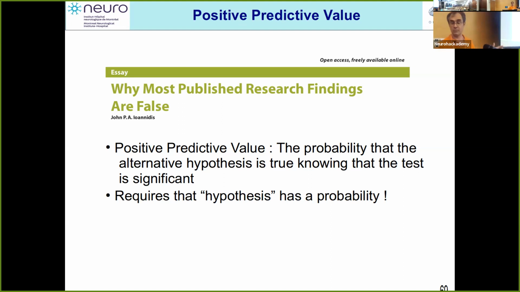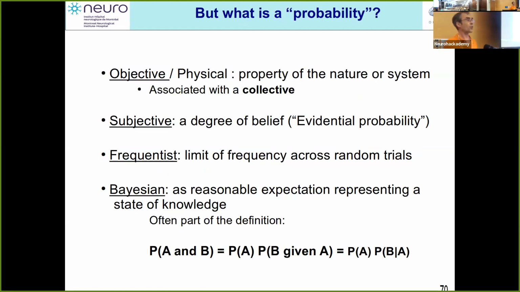And probabilities are confusing. There is the objective physical property of the nature of the system, like a randomness that you have in a gas, which is one way of thinking about probability.